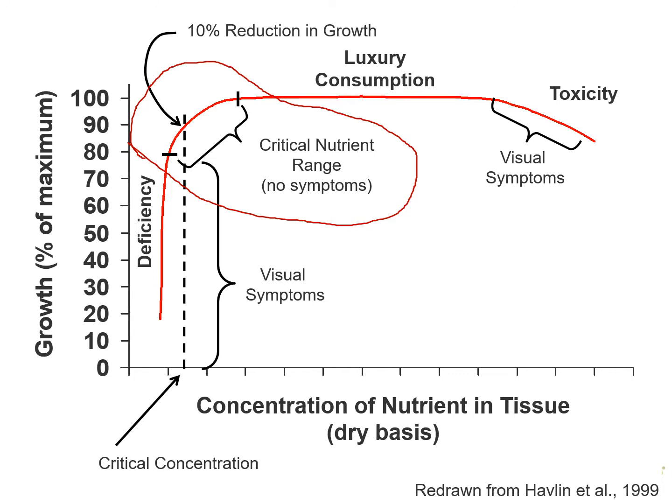That's when our yield is being maximized, but we're not going over the top. We don't want to go to this zone of luxury consumption, because then that's costing us too much money. Our return on investment goes down for what we're putting into it. And the toxicity is the no-go zone. We really want to stay right here in this critical nutrient range.